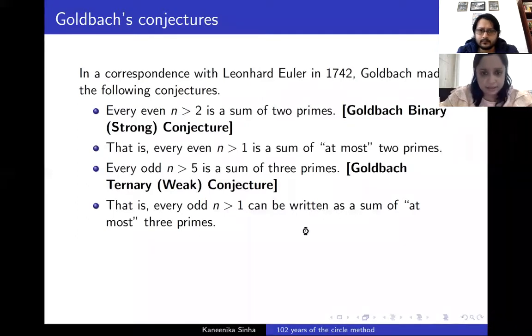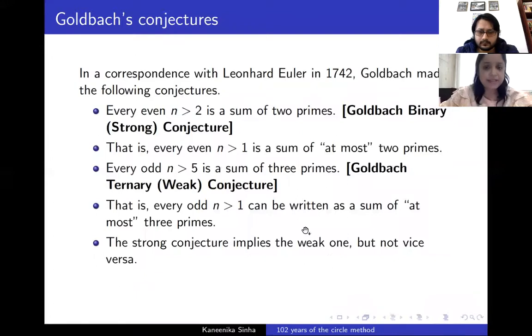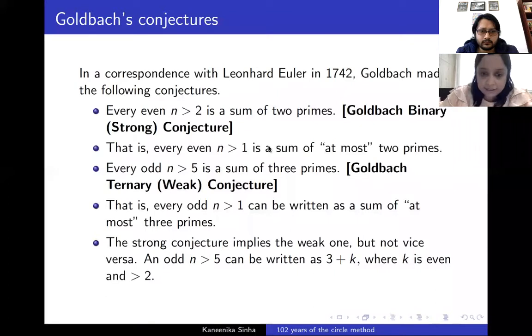So the strong conjecture immediately implies the weak conjecture, but not vice versa. To see that the strong conjecture implies the weak one, you observe that any odd n strictly greater than 5 can be written as 3 plus k.